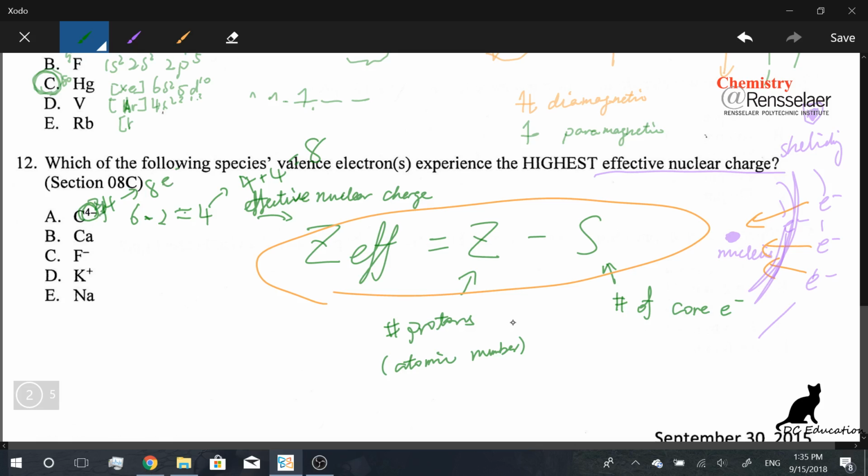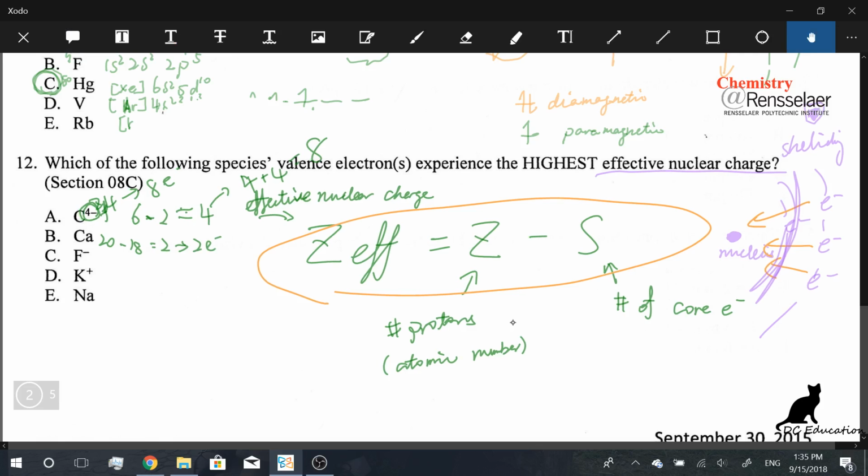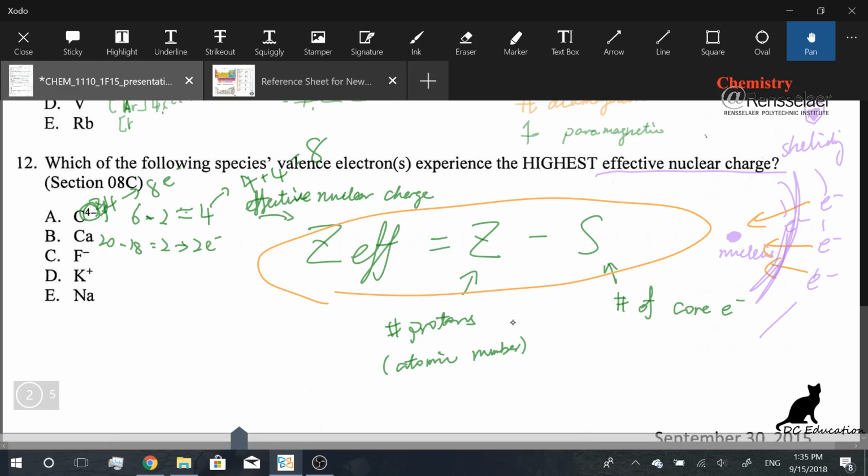And for regular calcium, it's 20 minus 18. You can find these numbers on the periodic table, and that gives us 2 on 2 electrons. Let me get the periodic table. Yeah, here we go.